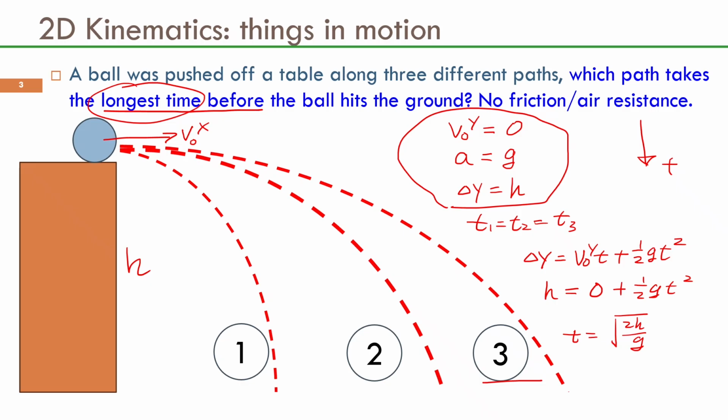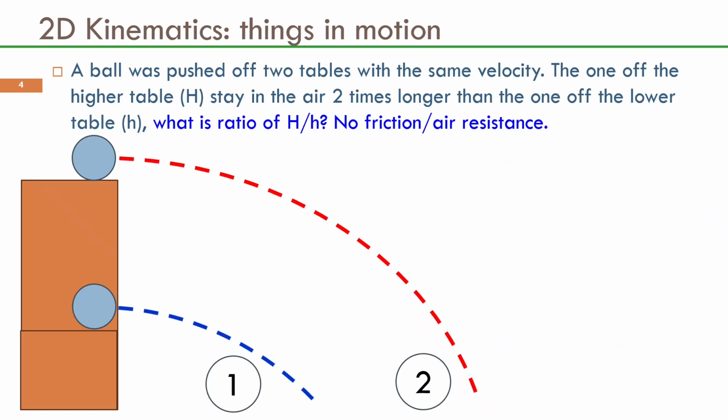Alright, now let's look at a different version of this type of question. This question says a ball was pushed off two tables with the same velocity. The one off the higher table stays in the air 2 times longer than the one off the lower table. And the question asks, what is the ratio of the height of the higher table over the height of the lower table? If we look at this question, the two balls have the same initial velocity.